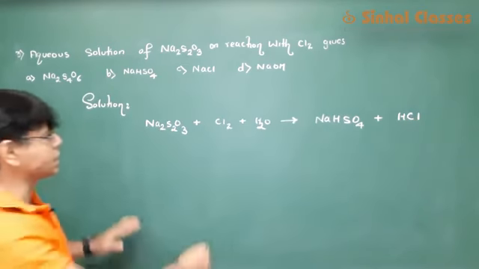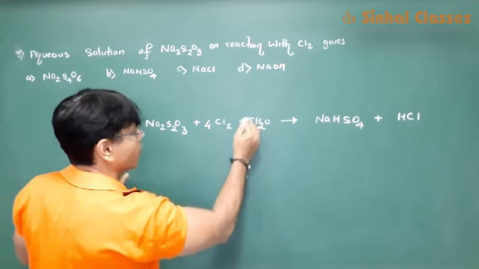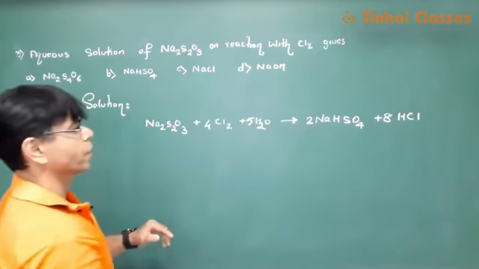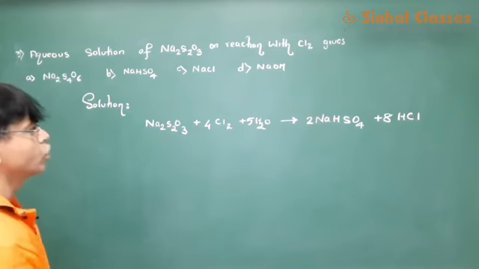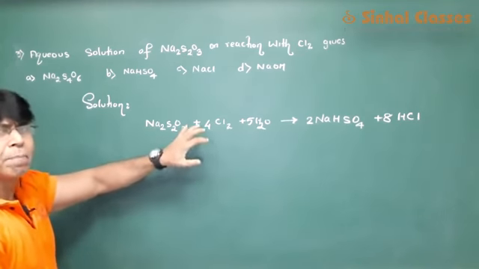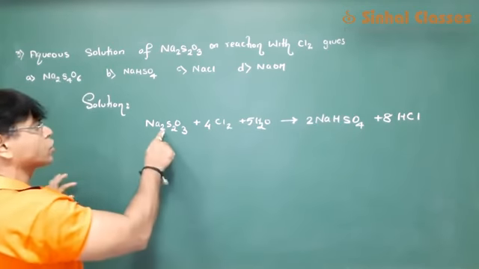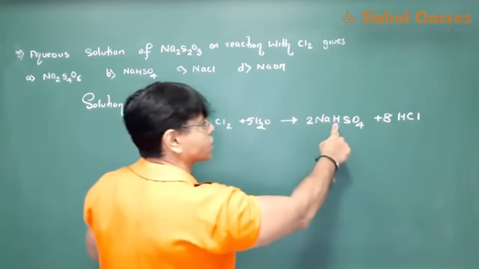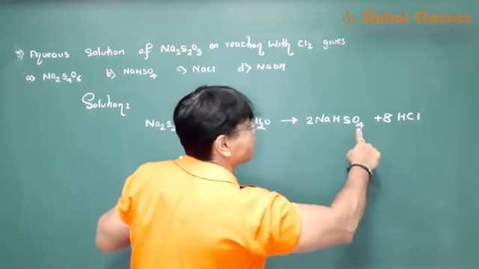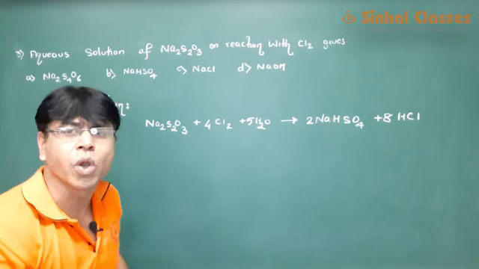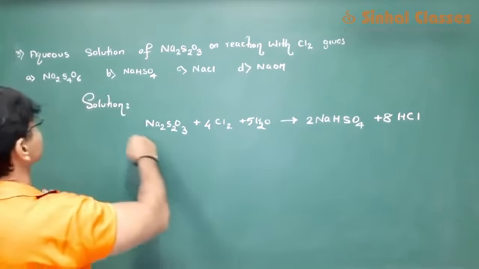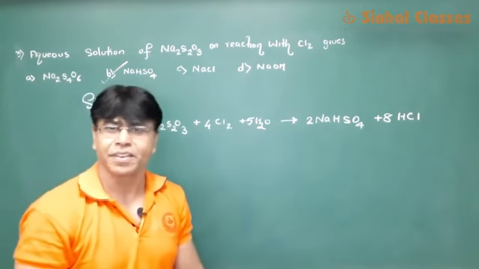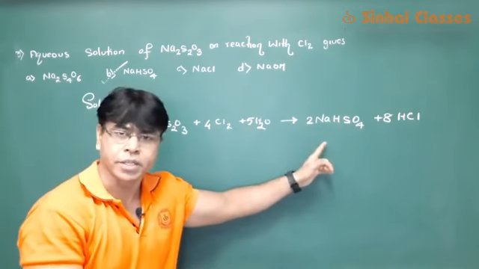We need to balance this equation. 4, 5, 2, 8. Okay, so just have a look at it. This is the balanced equation of oxidation of sodium thiosulfate by chlorine. So it oxidizes to form sodium bisulfate. So your answer for this question is sodium bisulfate, that is B. Okay, very important question this is.